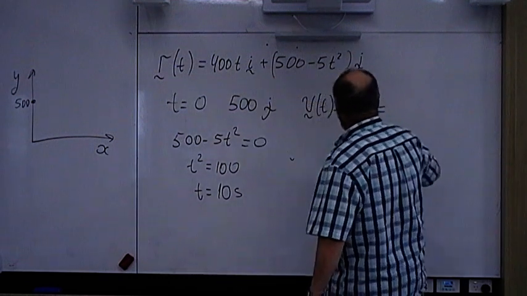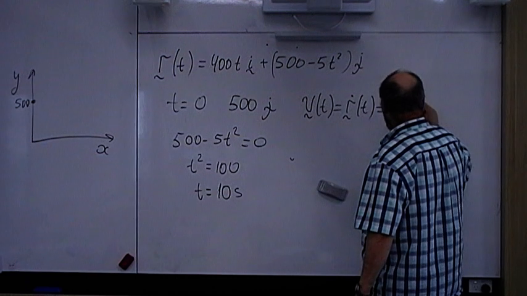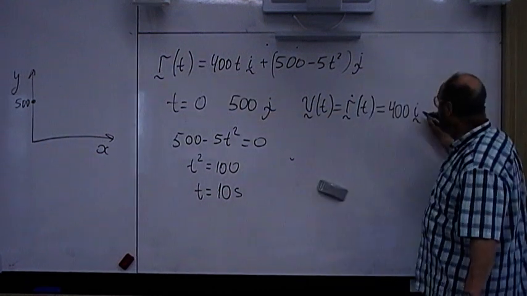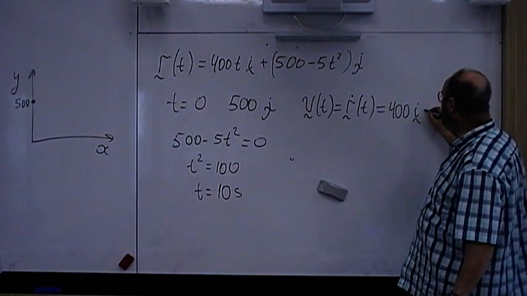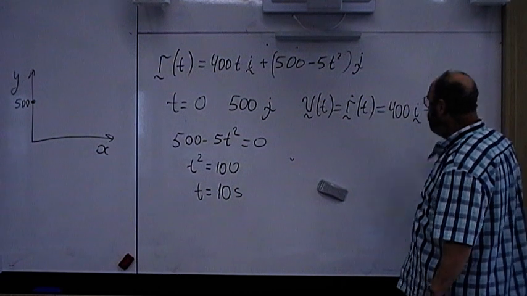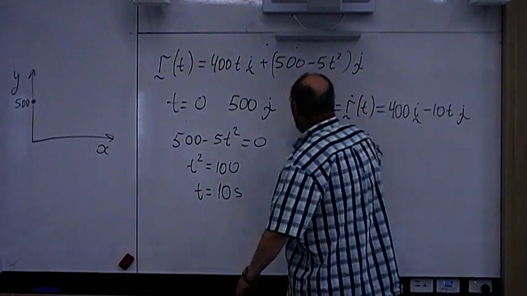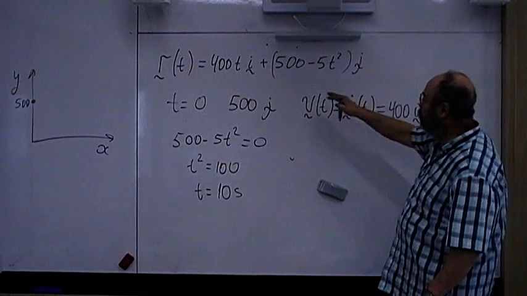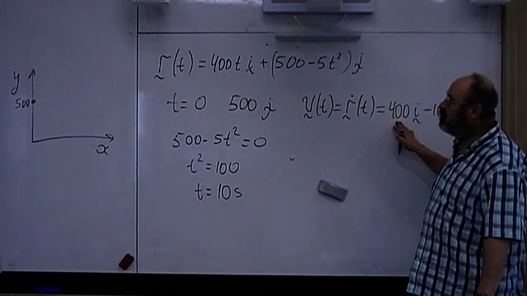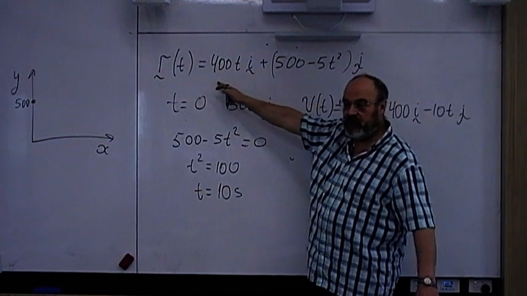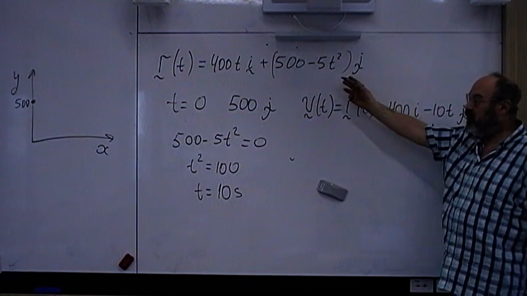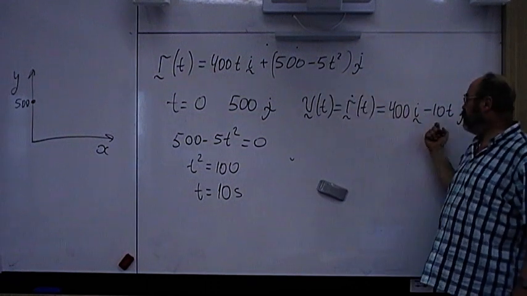So it will be equal to 400i, the derivative of 400t, obviously 400, minus 10t j. dx over dt: the derivative of 400t is 400, and the derivative of 500 minus 5t squared with respect to t is negative 10t.